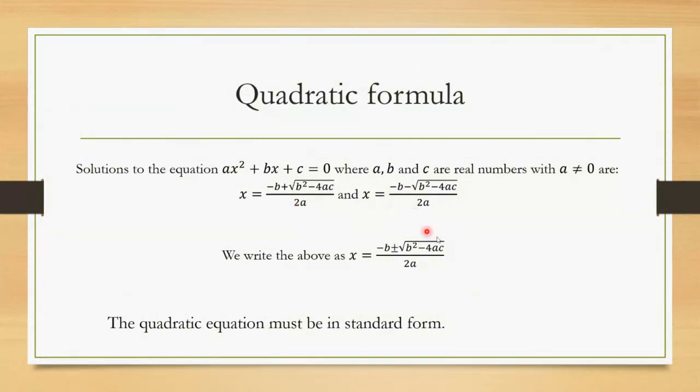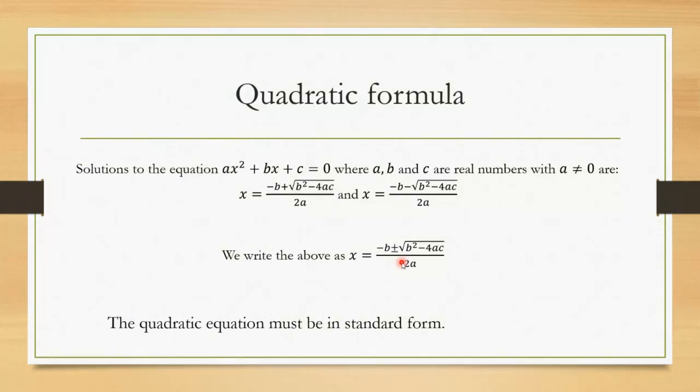Also, what could happen is that the radicand, the b squared minus 4ac, could be negative. When that happens, there are no real solutions. So for us, there are going to be no solutions because we're only focusing on real number solutions in this class.